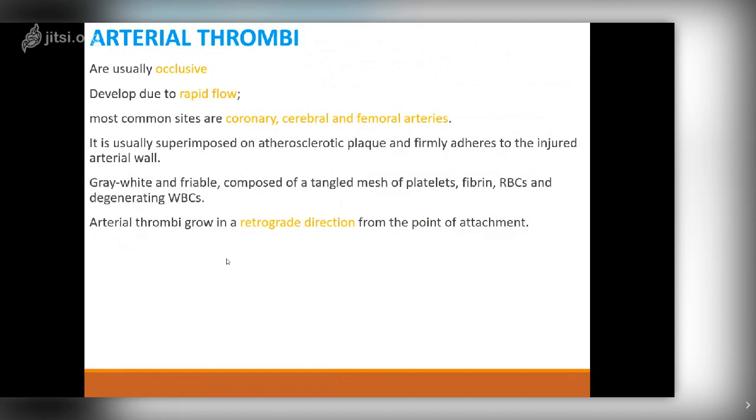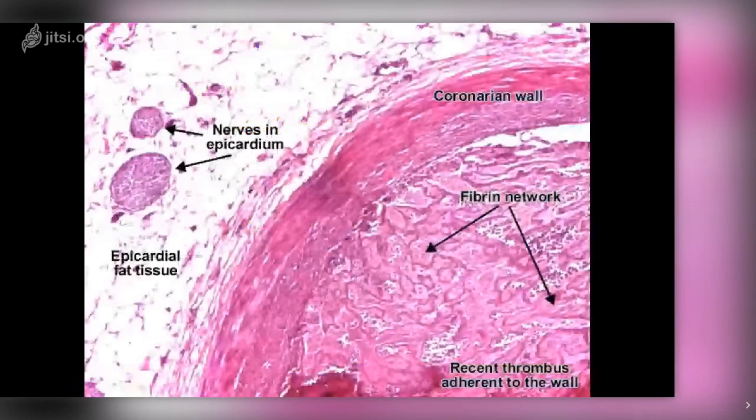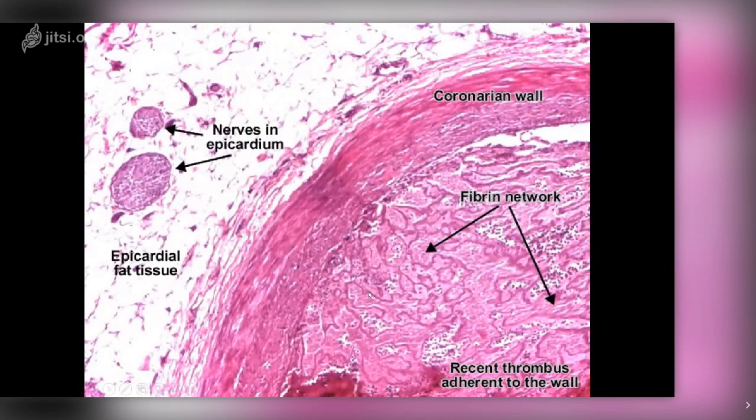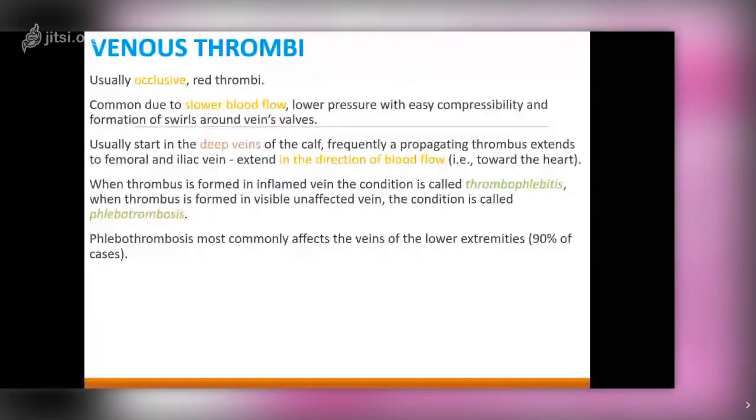They grow in retrograde direction, starting from the point of their attachment. For example, here you see the wall of a coronary artery that is occluded totally by thrombus, predominantly formed by fibrin.